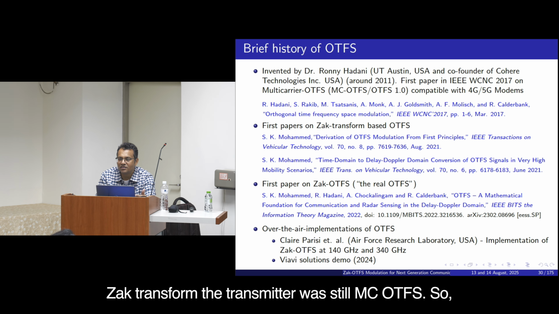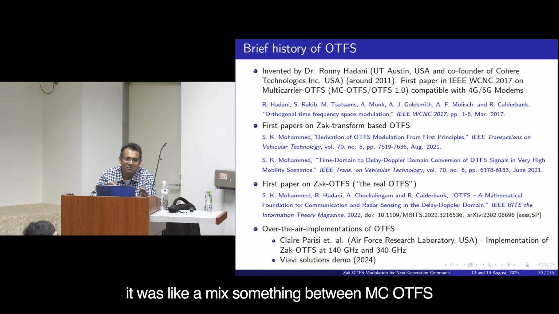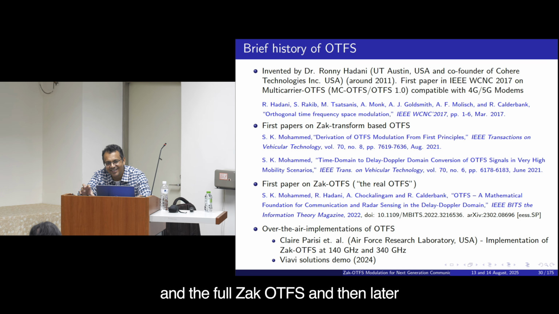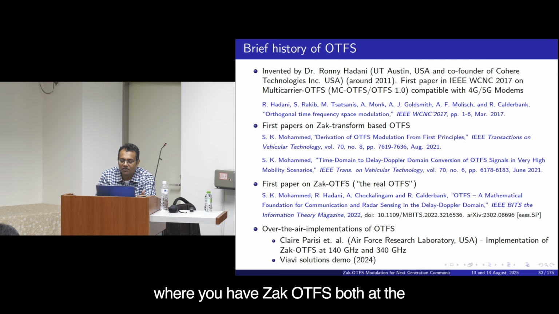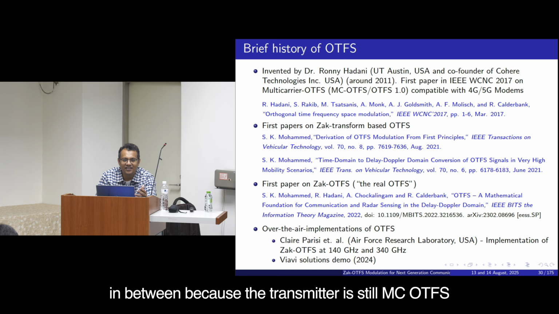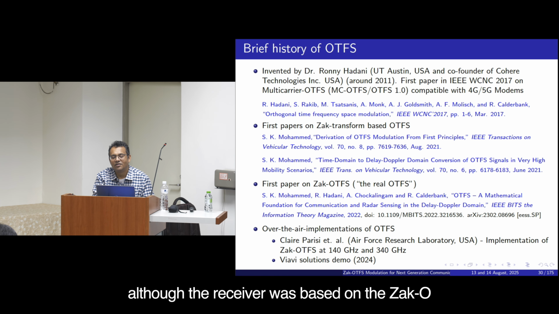The transmitter was still MC-OTFS. So it was a mix, something between MC-OTFS and the full ZAAC OTFS. Later on we had the paper on ZAAC OTFS, where you have ZAAC OTFS both at the transmitter and at the receiver. So this is the complete thing. This one is in between, because the transmitter is still MC-OTFS, although the receiver was based on the ZAAC transform.